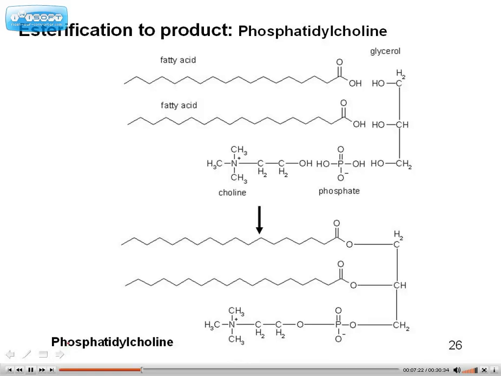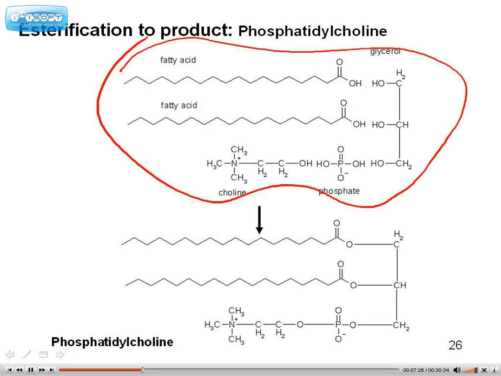Let's go ahead and show you a chemical reaction. In this case, we have two fatty acids. We have a glycerol molecule, only because this is a complex triglyceride. We now are going to add in the phosphate group here, and then we're going to add in one of the three. In this case, we add in choline.